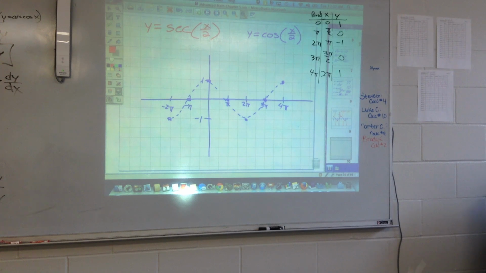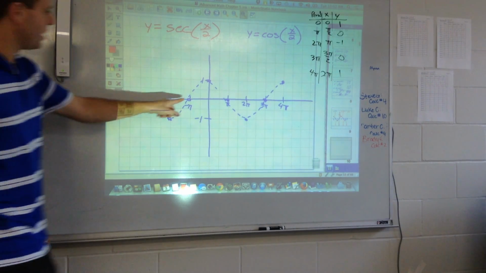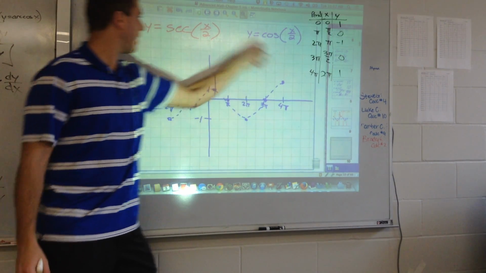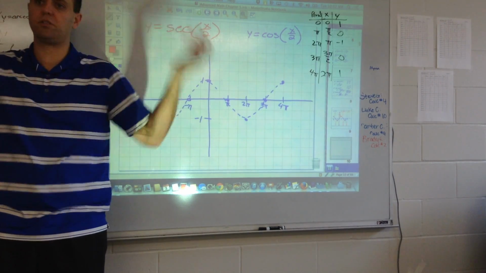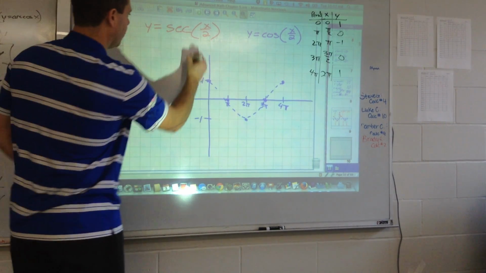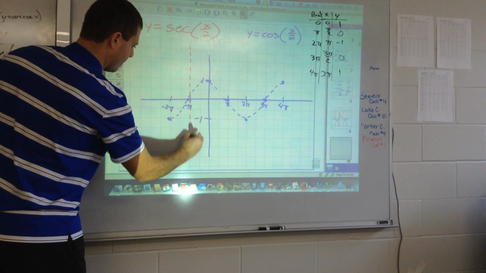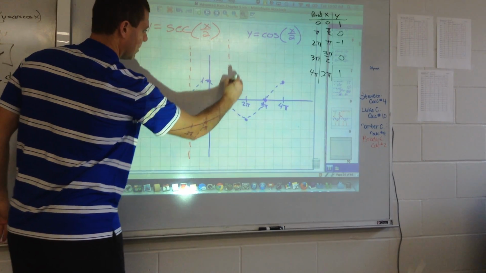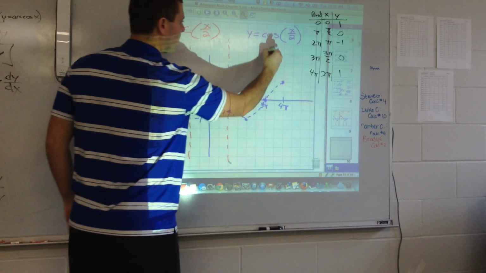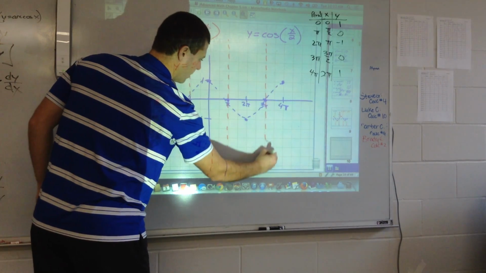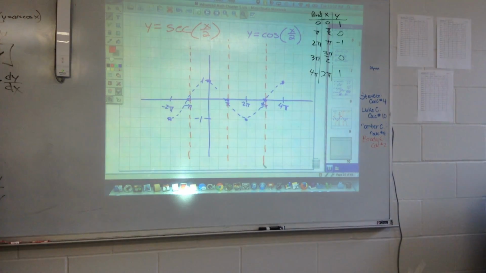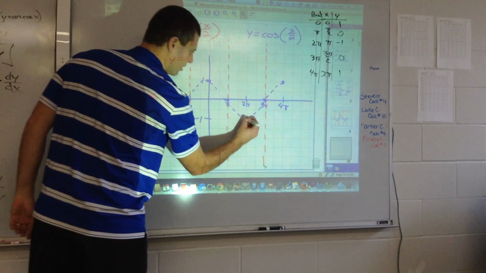Wherever the cosine graph crosses the x-axis, because if the value of this one is 0, the value of this one is 1 divided by 0, which is undefined. So I know here, here, and here, vertical asymptotes. And then just draw your parabolas in, and that's good. You don't need to be specific with any coordinates.